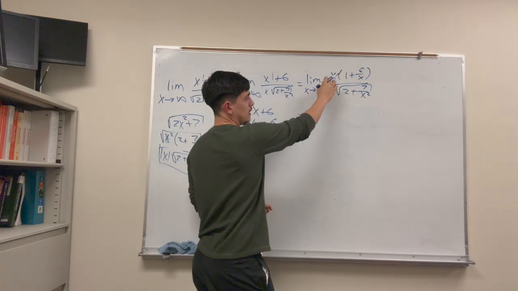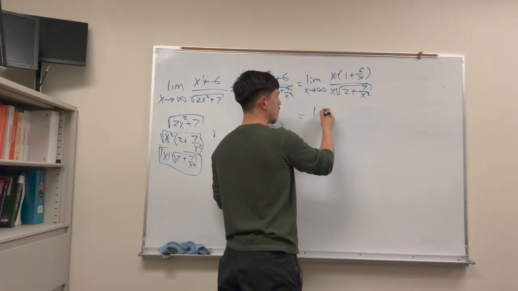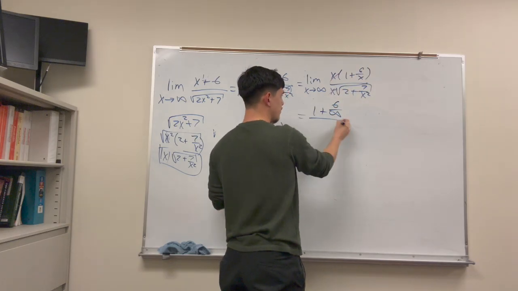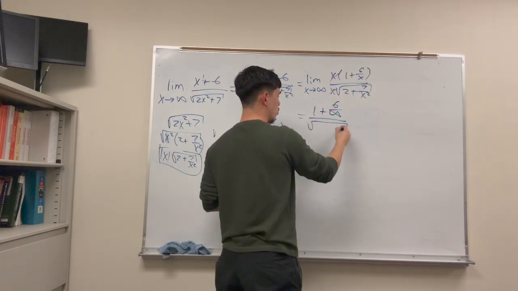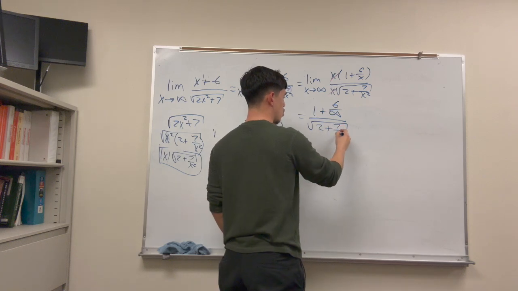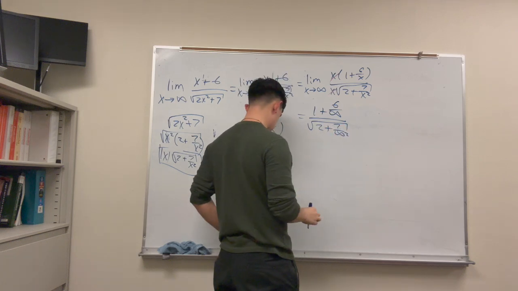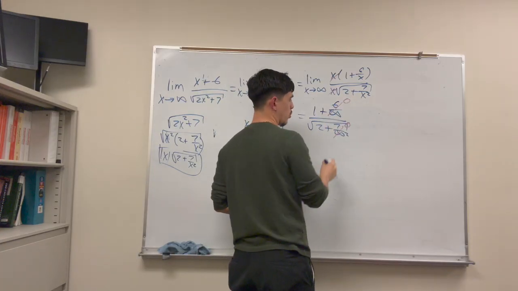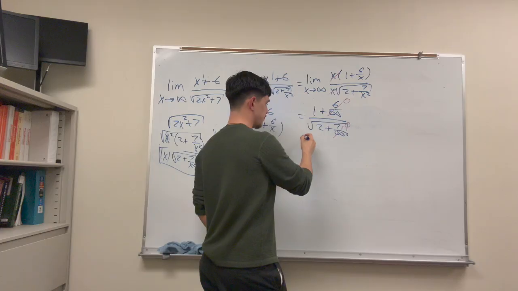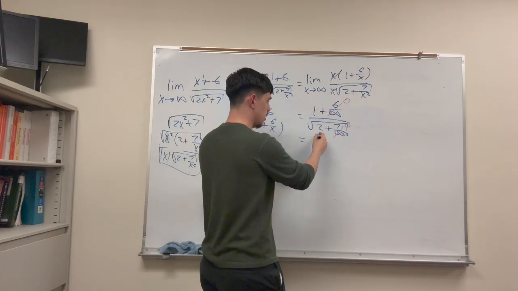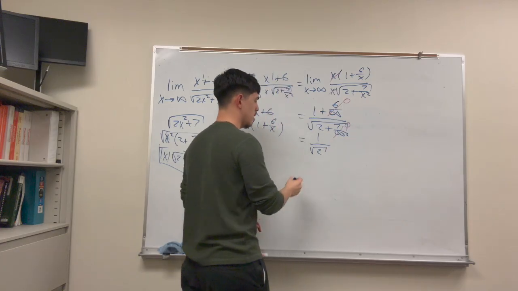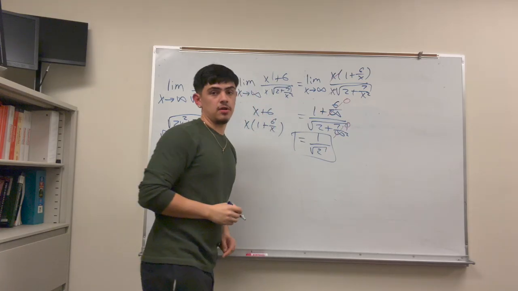So now, plugging in infinity, we get 1 plus 6 over infinity, remember, 6 over infinity, plus, we have the big square root here still, 2 plus 7 over infinity squared. And remember, constants over infinity, when we're working with limits, is just 0. So this was 1 over the square root of 2. And that's our final answer.